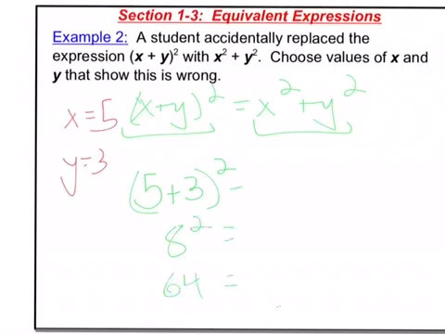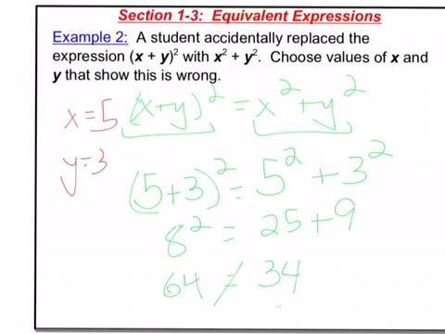Over here, we're going to replace x with 5 again and y with 3, but we're squaring them before we add them. That's going to give me 25 plus 9, which is 34, and we can obviously see that they're not equivalent. So that's the easiest way, to just choose values of x and y, or any variable, to show that these two statements are not equal.